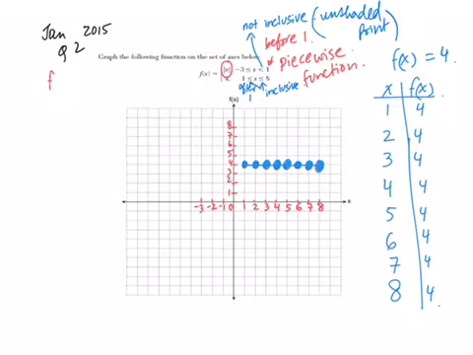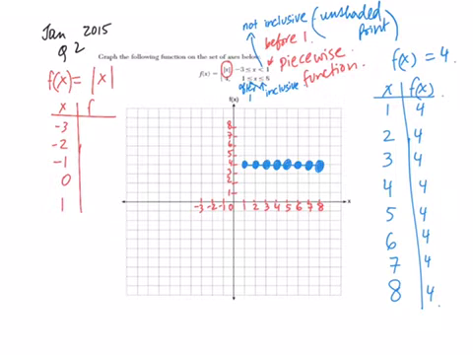So f(x) is equal to the absolute value of x. Let's put in these values till 1. We'll show the extreme, but we'll show that it's not included by showing an unshaded point.